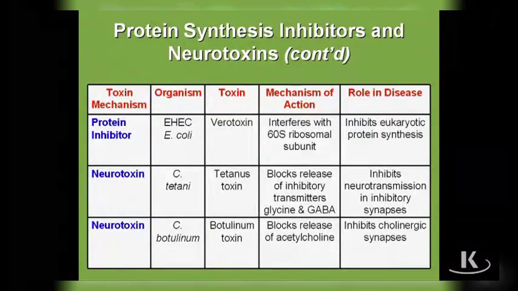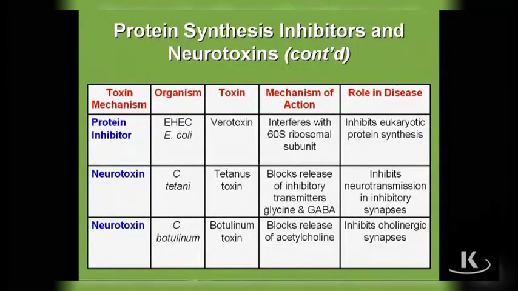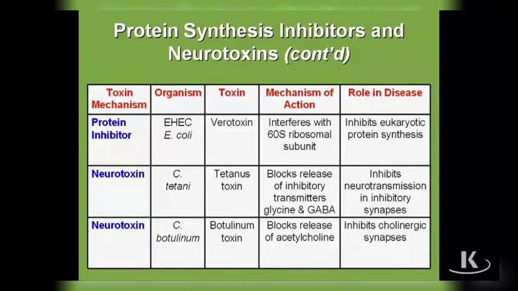All right, so for the neurotoxins, what you want to know is that they're almost opposites of each other, okay? You have tetanus toxin, which is a spastic type of paralysis, and then you have botulism toxin, which is a flaccid paralysis, all right?